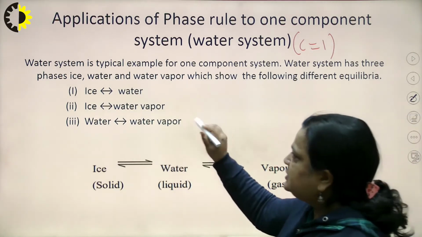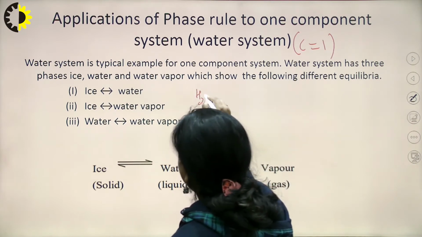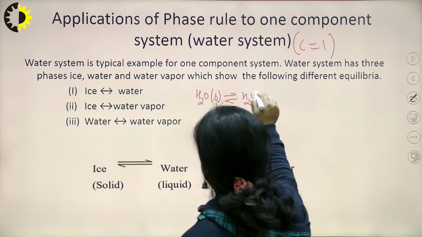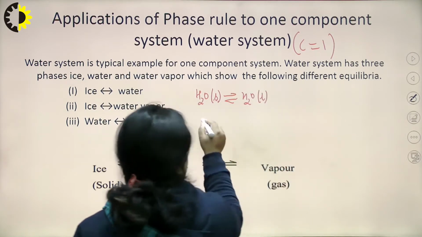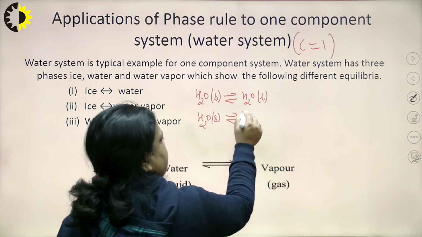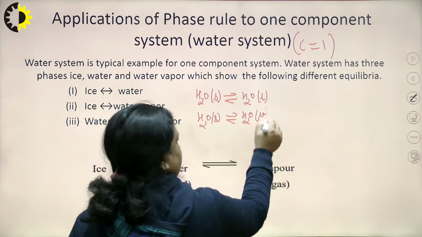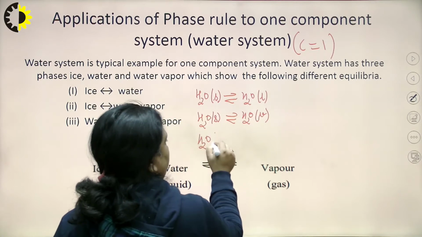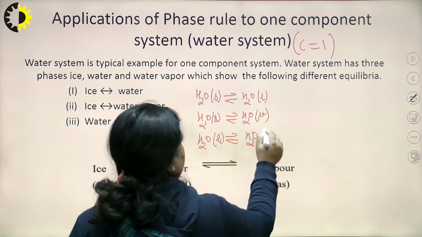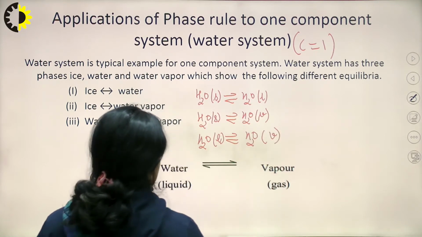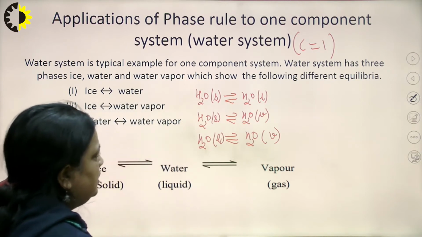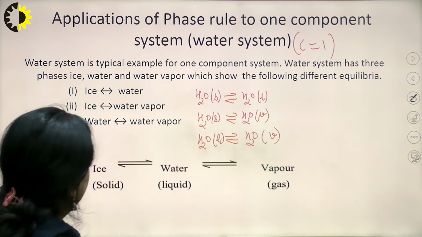So, we can say H2O solid is in equilibrium with H2O liquid, or H2O solid is in equilibrium with H2O vapor, or H2O liquid is in equilibrium with H2O vapor.